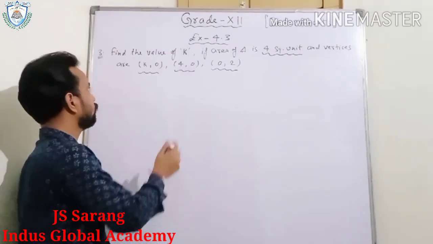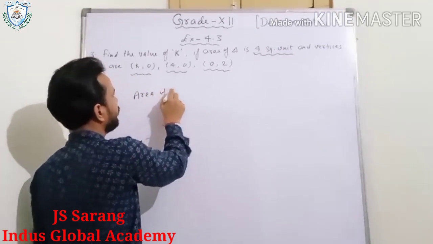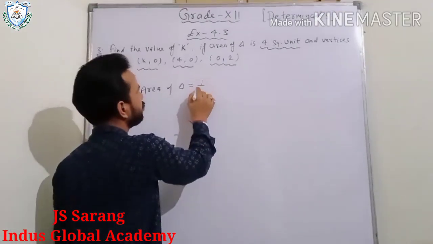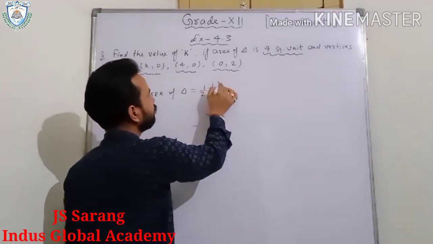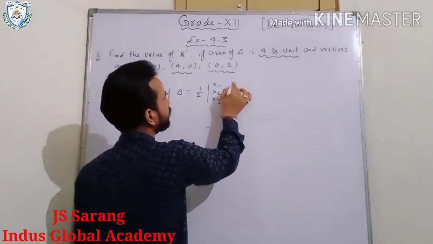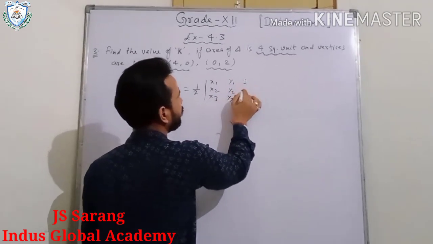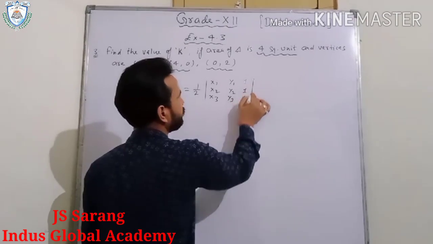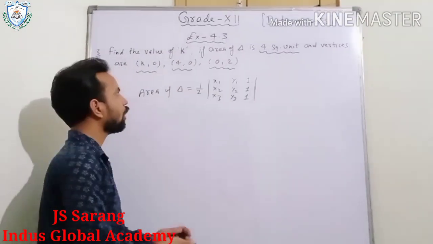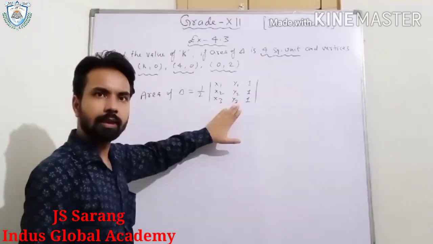We know the formula for the area of a triangle: area equals 1 by 2 times the determinant of x1, x2, x3, y1, y2, y3, and 1, 1, 1. Clear? Now we have to substitute the values of x1, x2, x3, y1, y2, y3 in this determinant.